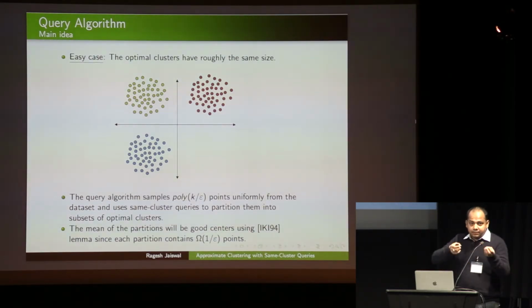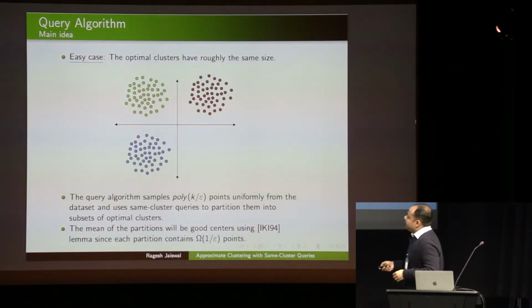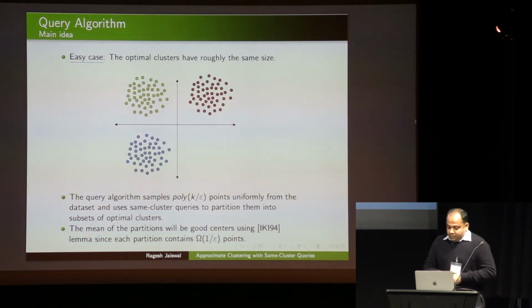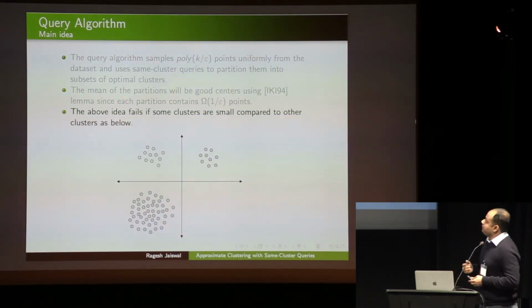You can partition them using same cluster queries, and then you will get a 1 plus epsilon approximation, right? And how many same cluster queries will you use? Some poly k over epsilon. That's it, because you just ask same cluster queries over the subset of data points that you have uniformly sampled. Now the general case is what causes the problem.